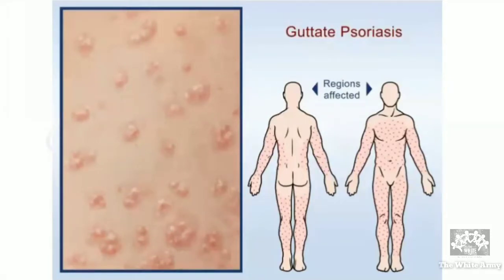Like if it is sun-induced polymorphic light eruption, they are usually in the exposed area. Whereas if it is a rash secondary to drug reaction, usually it is in the trunk. So that is an easy way of differentiating the rashes in dermatology. Usually the rashes in the trunk are mainly systemic. If it is not in the trunk, they usually are local. Okay.